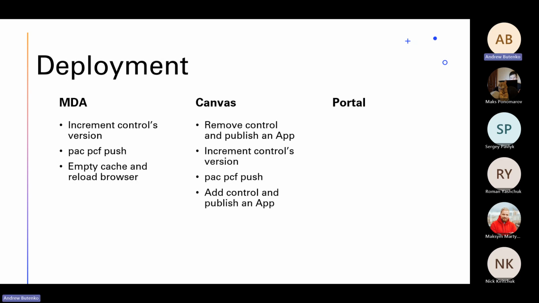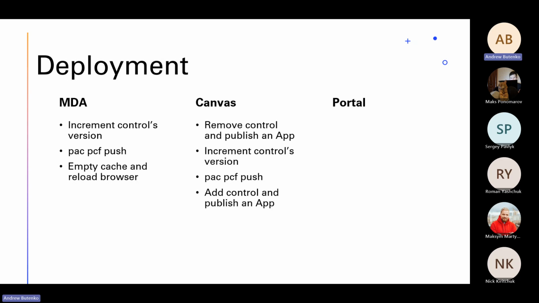Then add the control to your Canvas app, rebind your bindings, your inputs of the control, and add handlers if you have any handlers on the control, and publish the app. And only after that, you will see the updated version of the control inside your Canvas app.